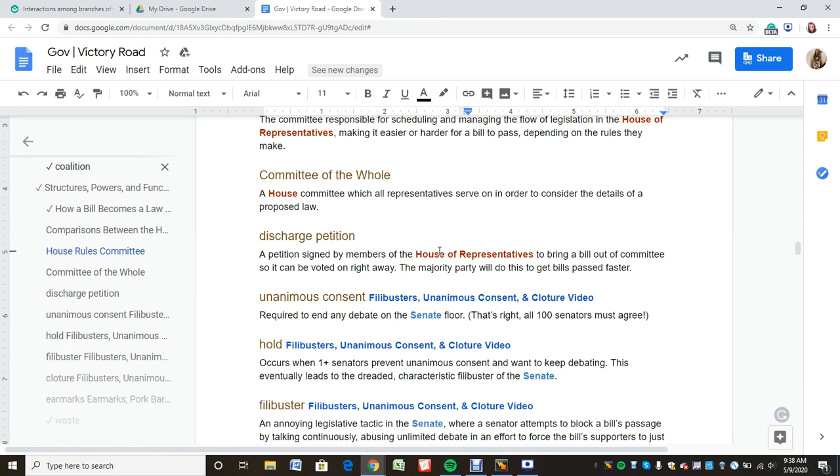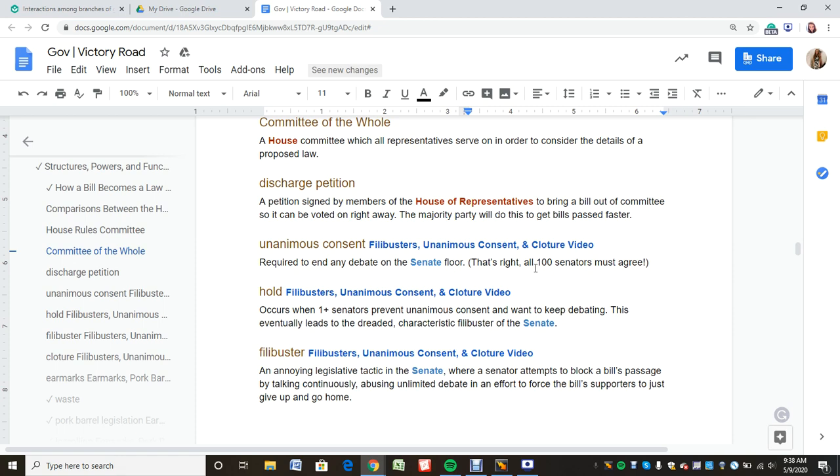And now, also, say you have a bill in committee, and someone in the House of Representatives wants to bring it out of committee because it's taking too long and the bill's really important to them. They can have basically a bunch of people sign a petition to get the bill out. And a lot of times this is done by the majority party because it's so much easier to get a majority.